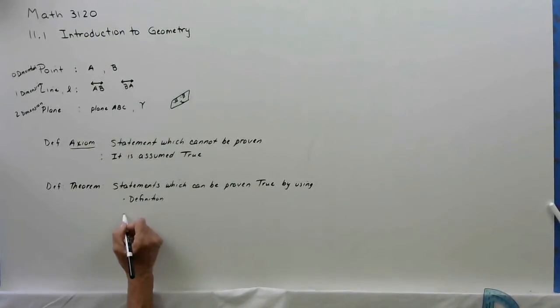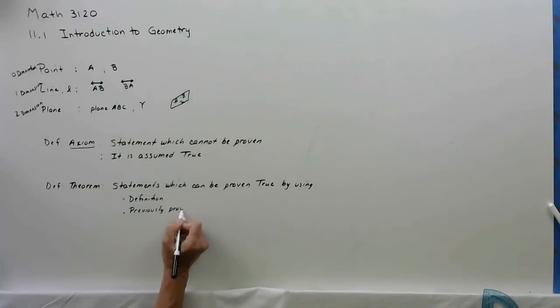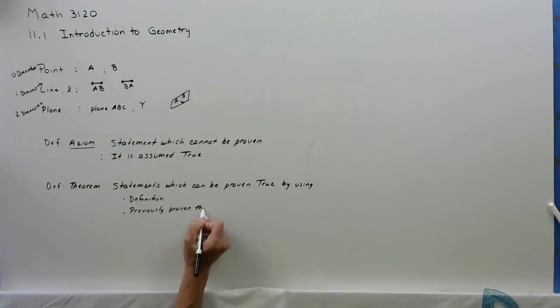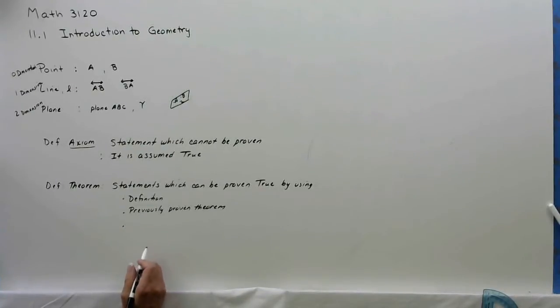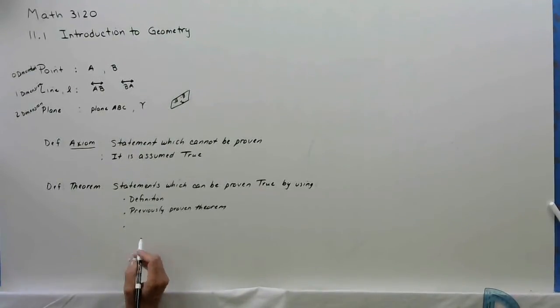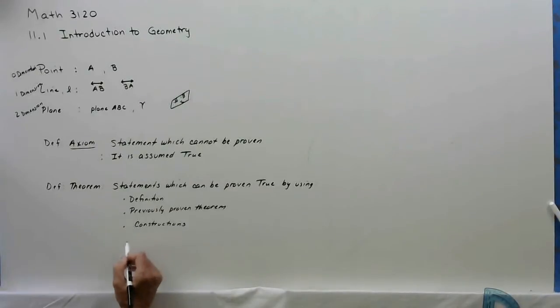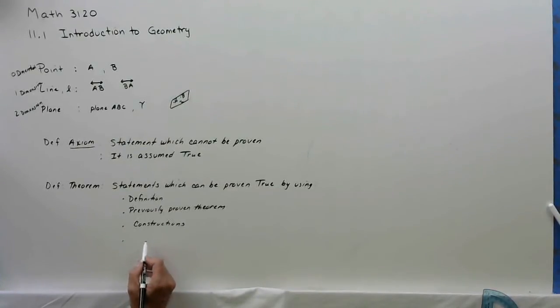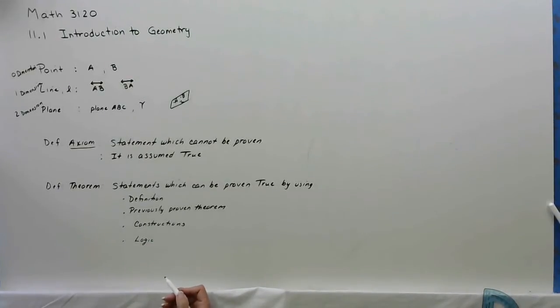We can always use a previously proven theorem. We can prove a theorem using constructions, which we will be using in this class. And logic, which we've also done some with, especially the prerequisite for this class.